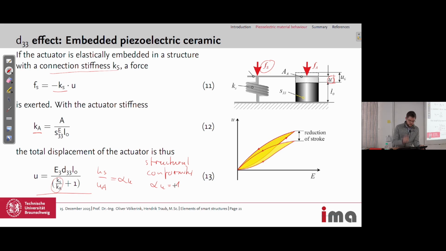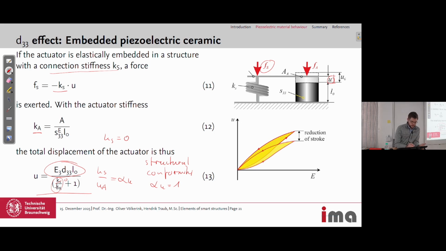And you can also see if we have no surrounding structure, so we assume that Ks is set to 0, then we have here 0, and we divide this by 0, so it stays the same, and then we are back again at the original equation for the actuator only.